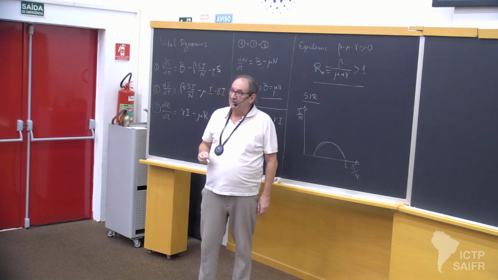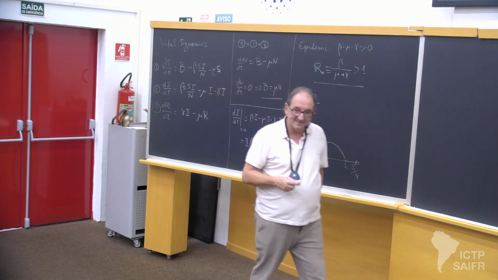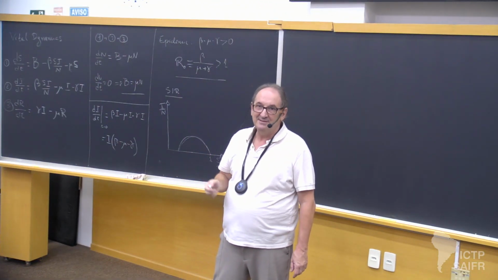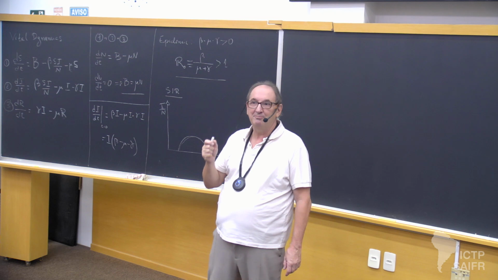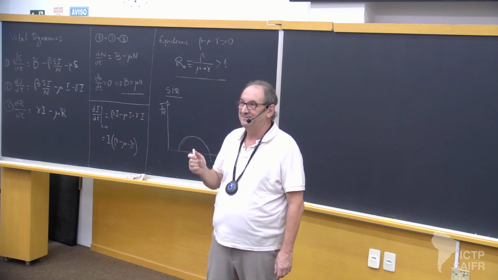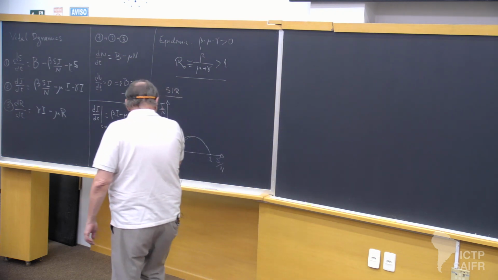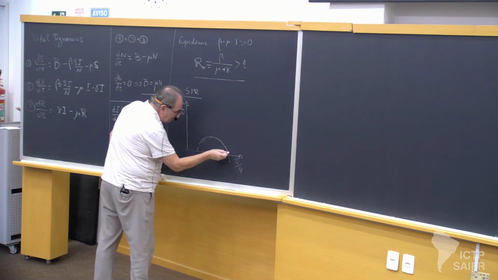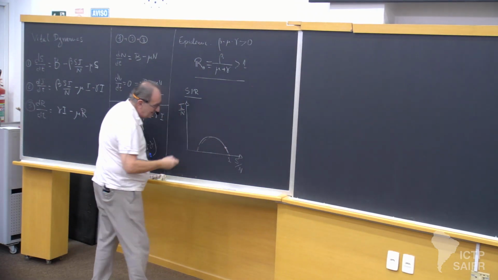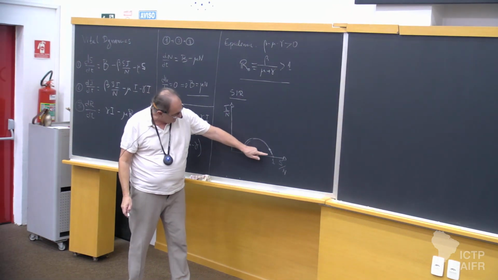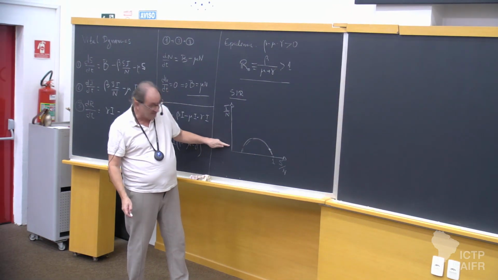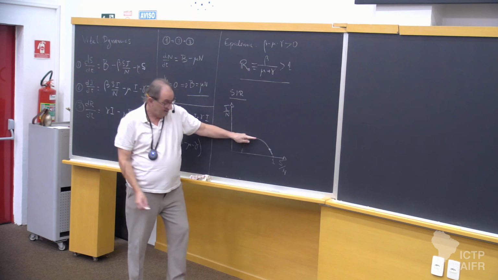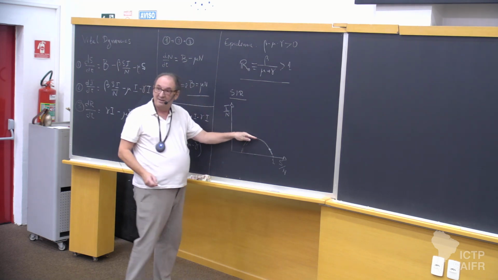This is sometimes called by physicists a trajectory in the phase space. And mathematicians will probably call it an orbit. Okay? And so you will move with time going this way. That means that this projection on the I-axis increases and S decreases.